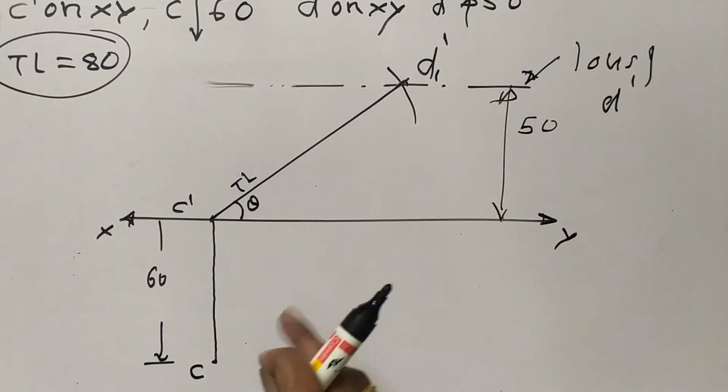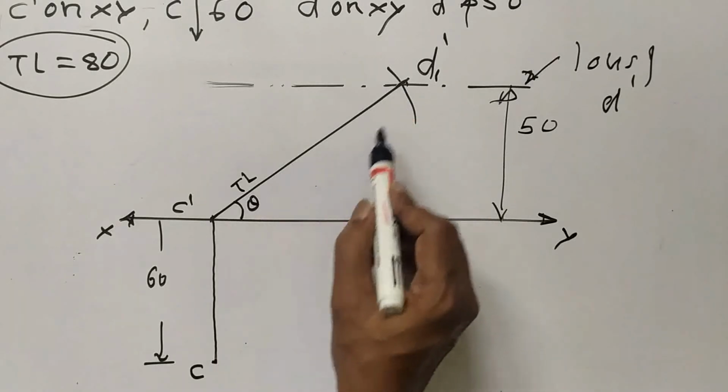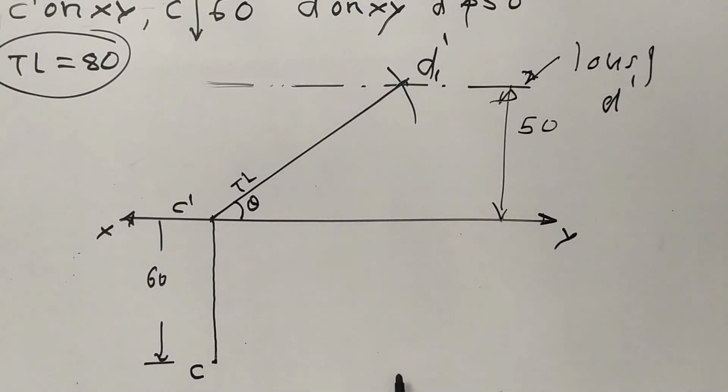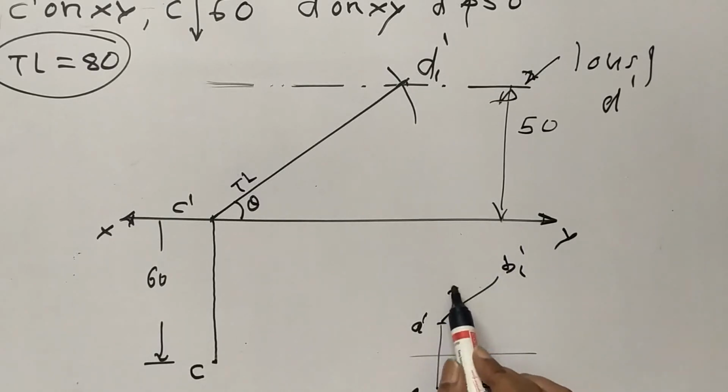Now what I will do, I will project this, because we have the concept, that is, if this is A dash and A, and if this is B1 dash, if this is the true length, okay.